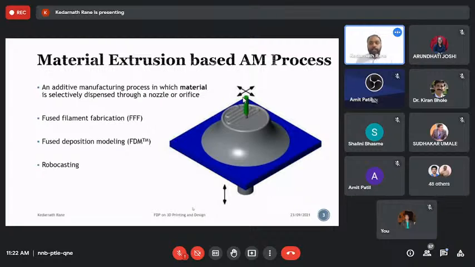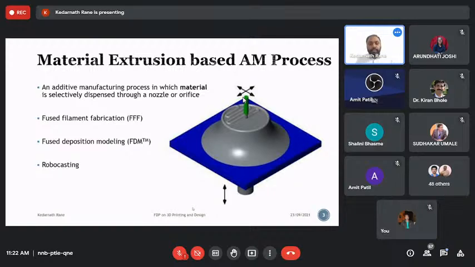Now in the last few years we are developing a lot of integration technologies where we use this method to deposit metals and ceramics as well. In the late 90s, there were some attempts in a few universities to deposit such materials, and they called it robocasting.